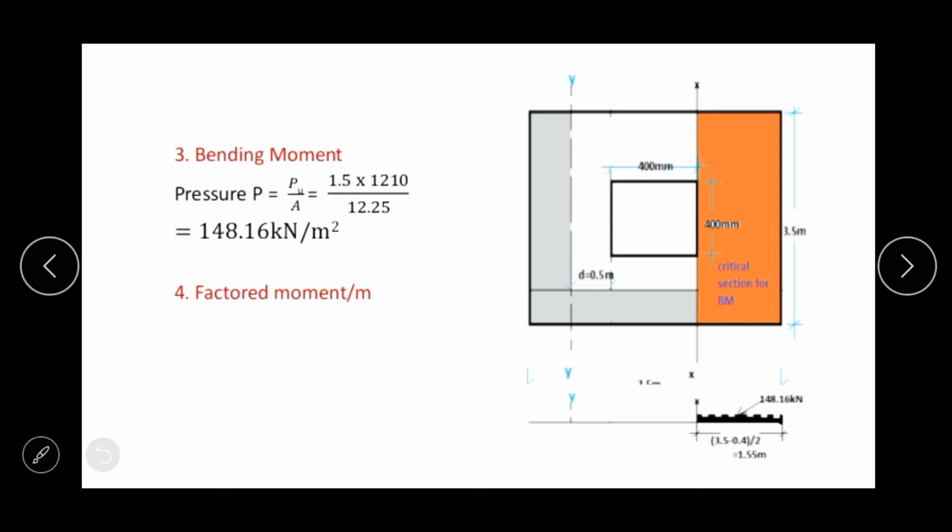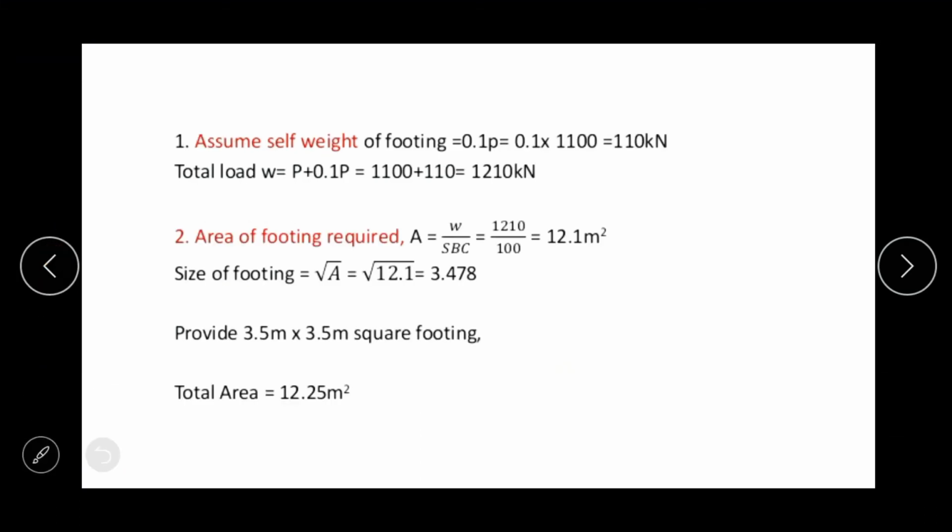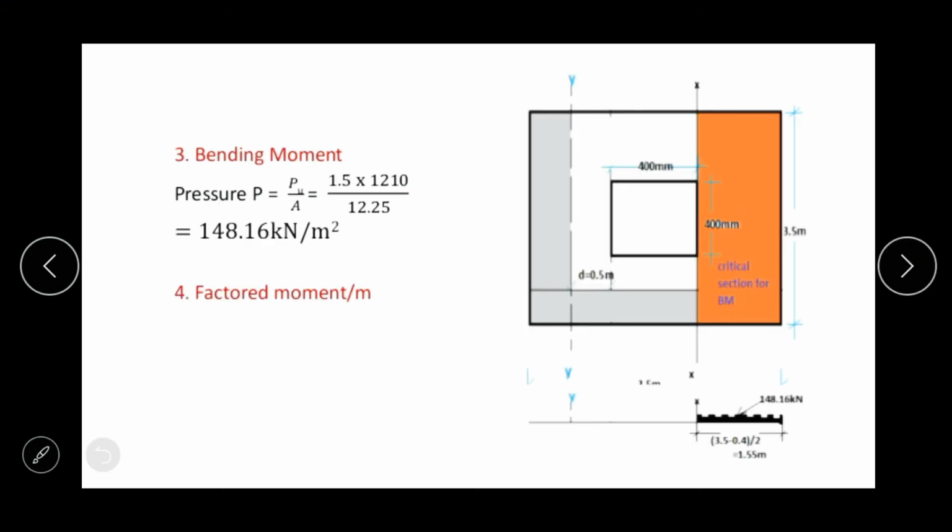Here the load is given, 1210 kilonewton. So ultimate load can be calculated by multiplying the partial safety factor 1.5 with the total load, that is 1210 kilonewton. So area is 12.25 meter square. So net upward pressure is 148.16 kilonewton per meter square.